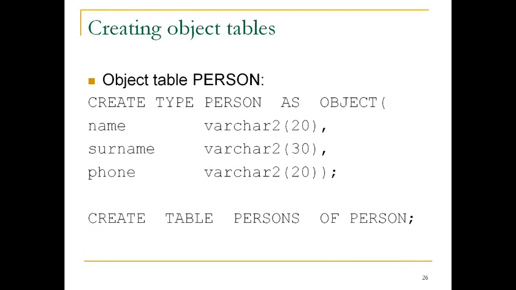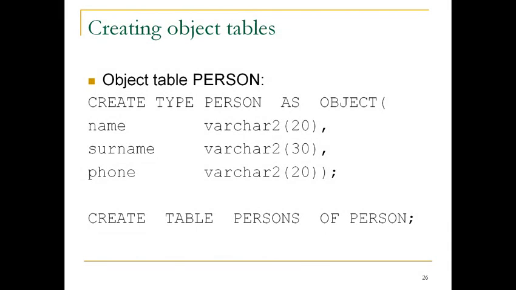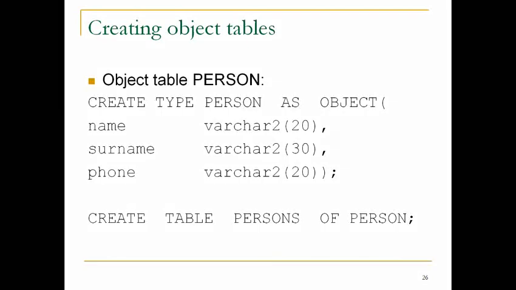So, how can we create such object tables? We create a type. For example, a very simple type, person. Create type person as object, name, surname, phone, and then we just create table persons of person. This is the name of the table, this is the name of the type.